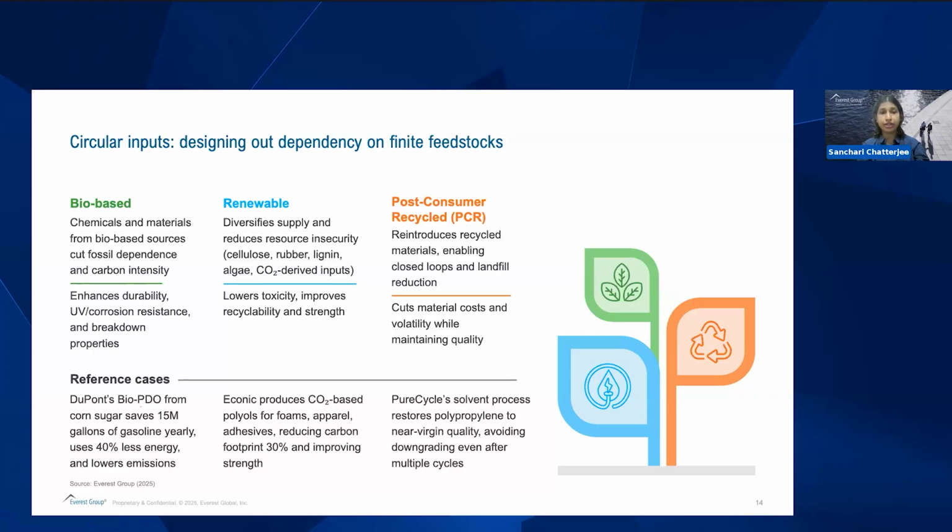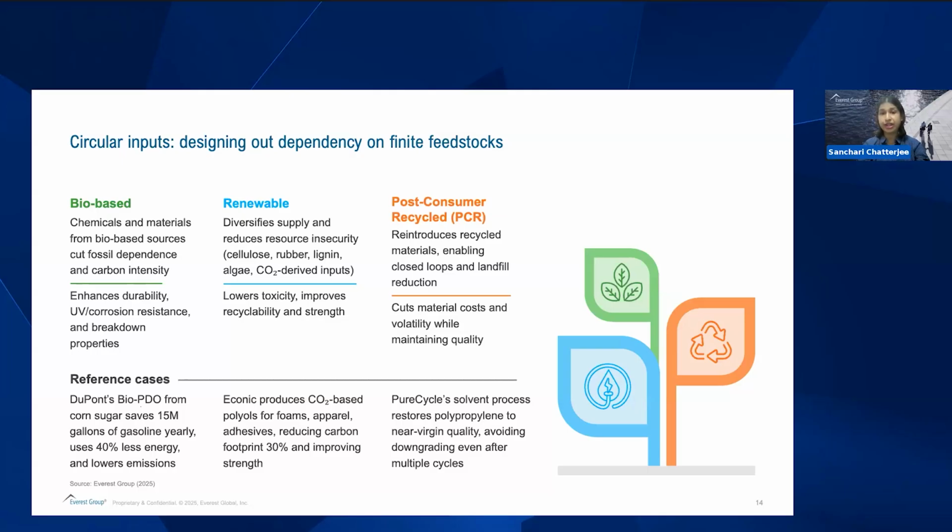Then renewable inputs, such as carbon-derived or algae-based materials. Here, companies like Econic use captured carbon dioxide, sourced from external industries, to make polyols for foams and adhesives, and they cut their carbon footprint by nearly 30%. Finally, post-consumer recycled materials, which are the backbone of circular loops.